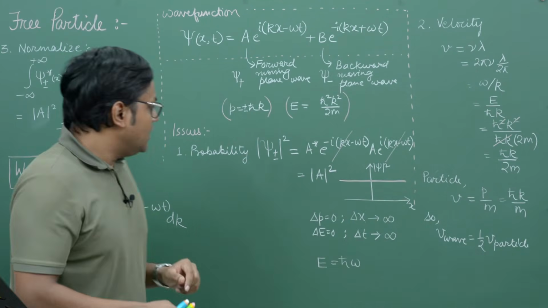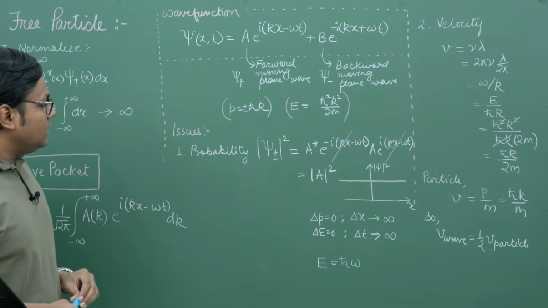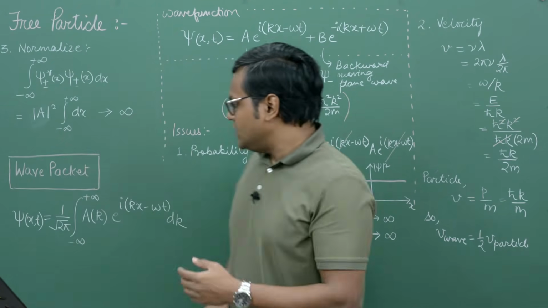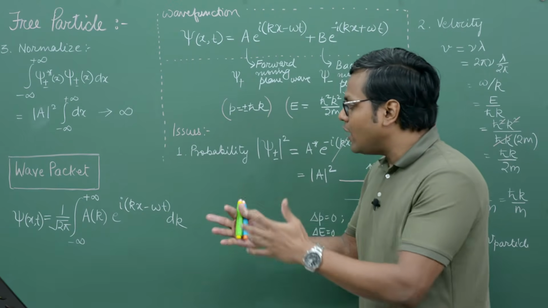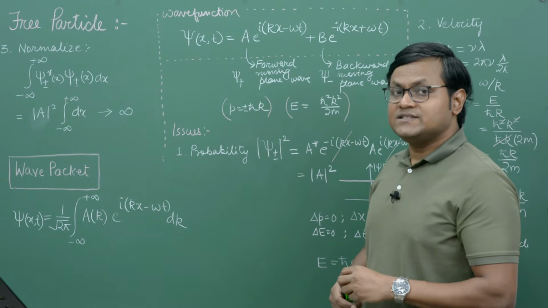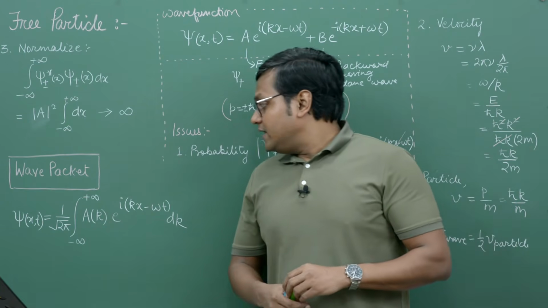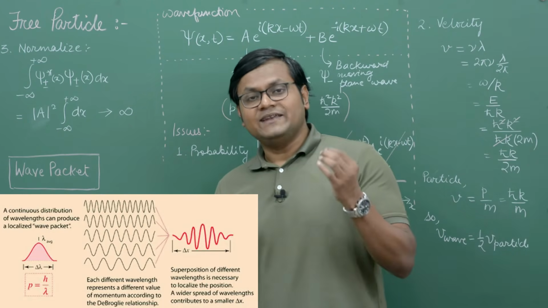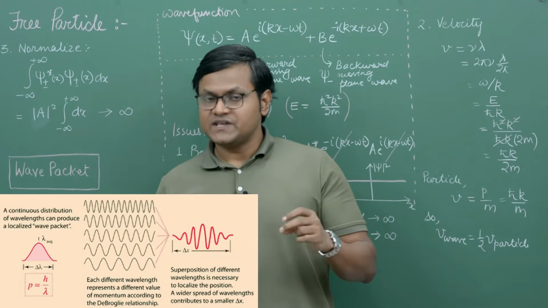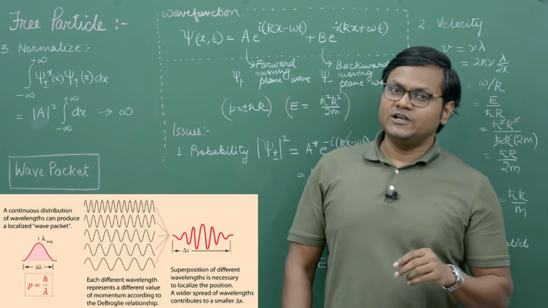Number two, because the wave packet is constructed by a large number of plane wave solutions which differ from one another in terms of their k, essentially we end up creating a situation in which there is a distribution of the wave packet in position space and the distribution of the wave packet in k space or momentum space, and both are inversely correlated to one another.